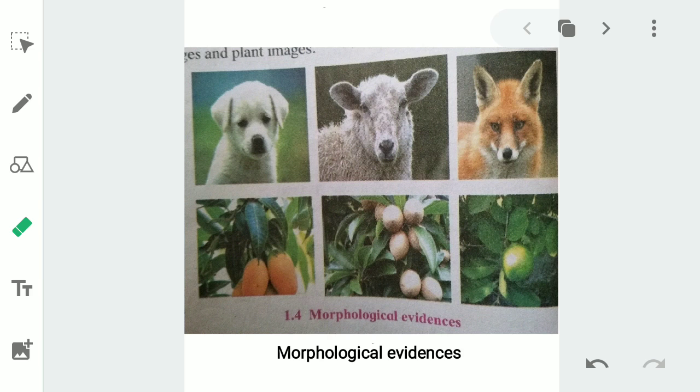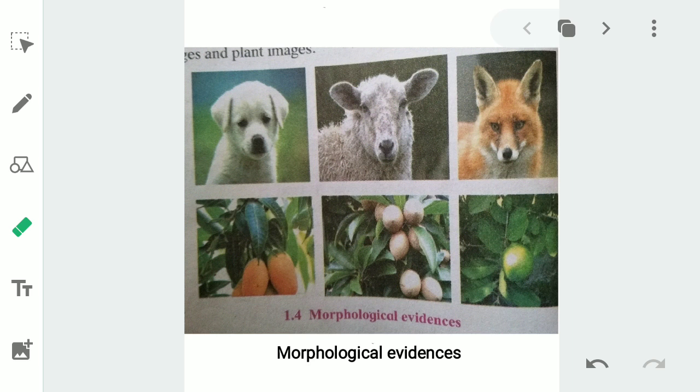So this indicates that they have originated from the same cell, or they have common ancestors. This evidence we see also in plants, not only in animals. Now in the second row you see the shape of the leaf is somewhat similar.